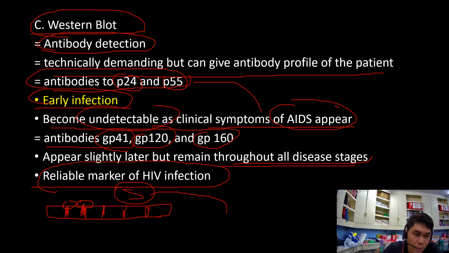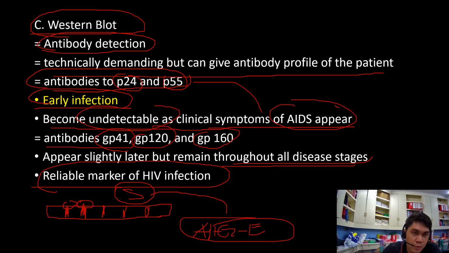Then after that, you wash. After washing, next is to add AHG labeled with enzyme. So first, you have the antigen on the testing strip, then you add the serum specimen containing antibody, then you add labeled AHG.